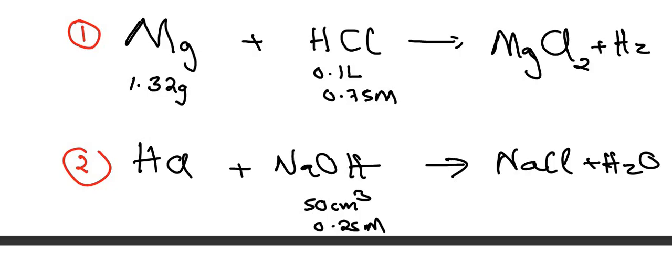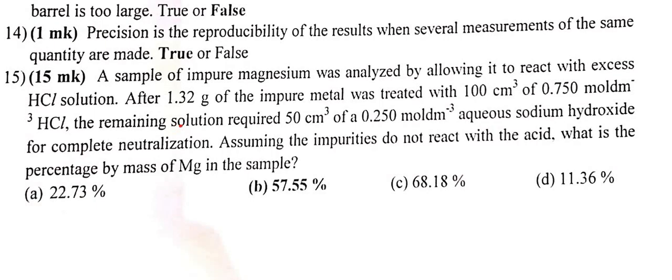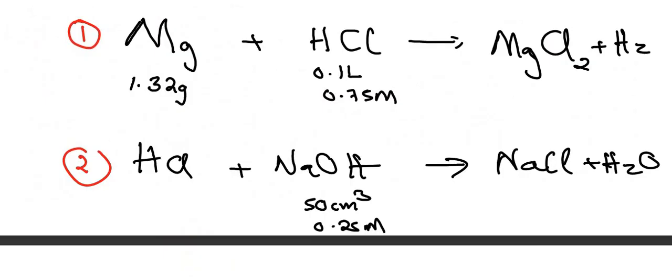Now they're going to ask us a question, and the question they're asking is, assuming that impurities do not react with the acid, what is the percentage by mass of magnesium in the sample? They're asking about Mg, magnesium. Magnesium is found in the first equation, meaning we are coming back like this because they gave us two equations and they're asking about this guy here. So it's like we have to do reverse calculations.